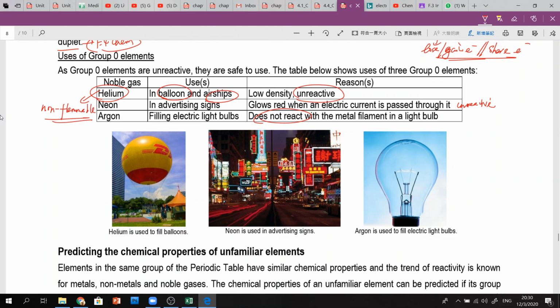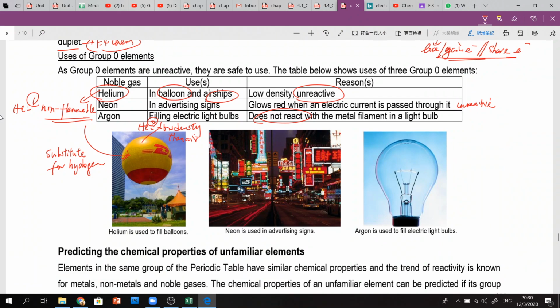So it is a very good substitute for hydrogen, because it has a low density than air. For helium, note the 2 reasons, right? One is non-flammable. The other reason is that it has a low density in air, so it floats.